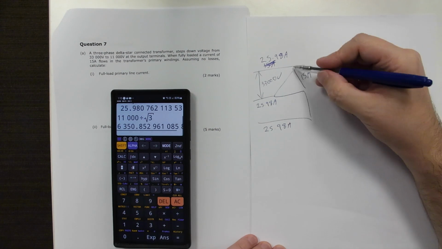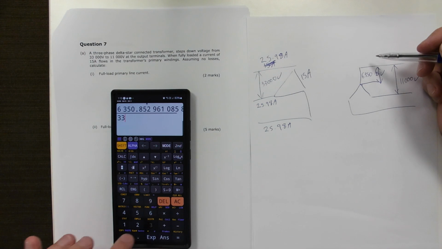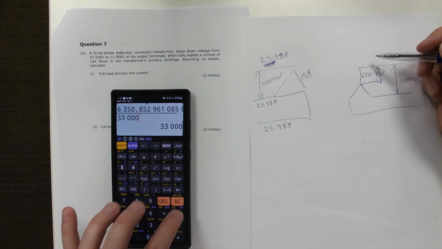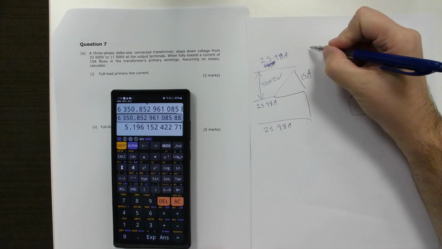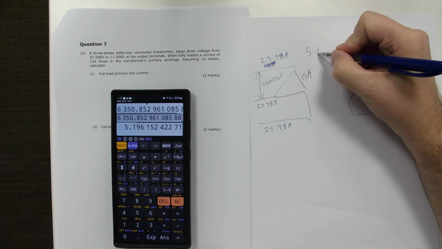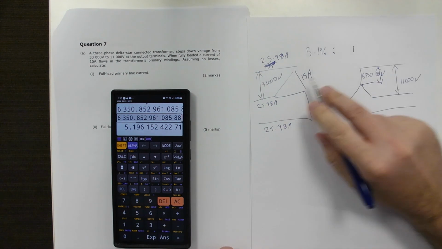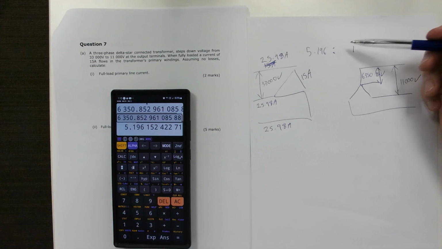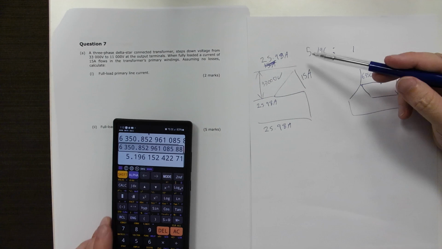And we know that this side here was 33,000 volts. So we go 33,000 divided by answer gives us a 5.196 to 1 ratio. So at this stage, we don't actually need to turn it into whole terms or anything. We just need the comparison. But we now have a ratio.